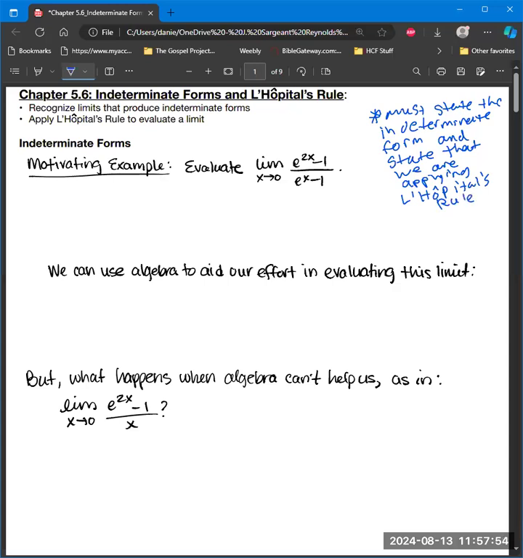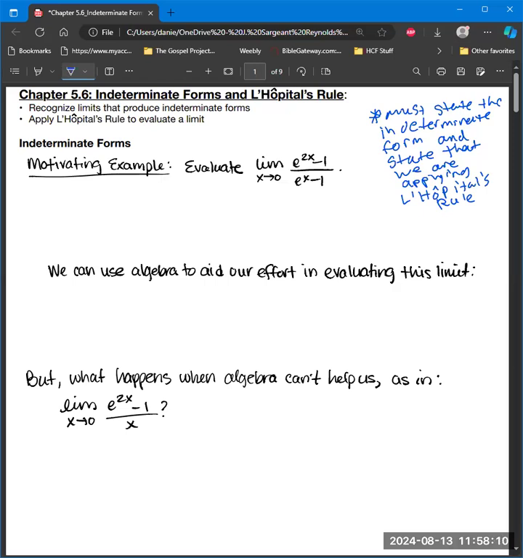You don't just assume that the reader is going to understand why you're doing what you're doing unless you tell them what you're doing. So the first thing that we're going to try always, all the time, is direct substitution.